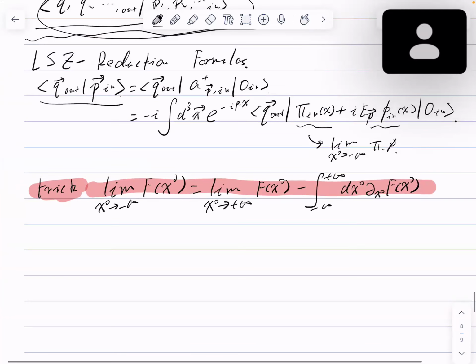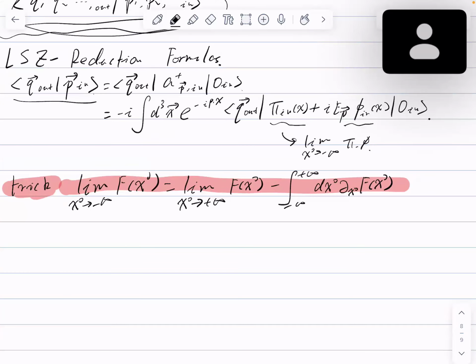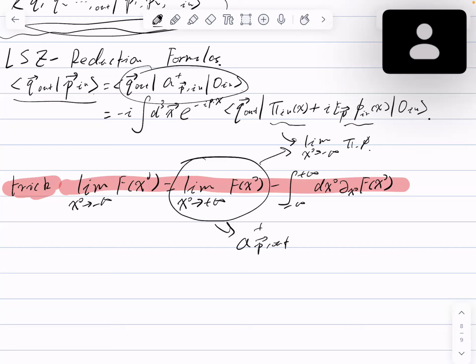And notice that when we use the first term in such a limit, we actually obtain the a dagger out operator in the first line of these equations.